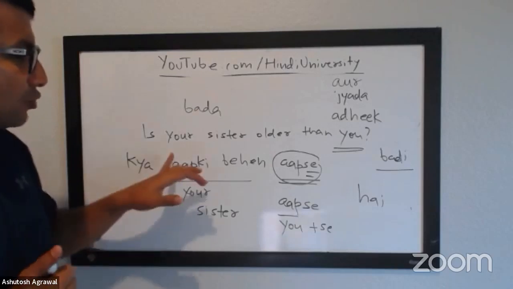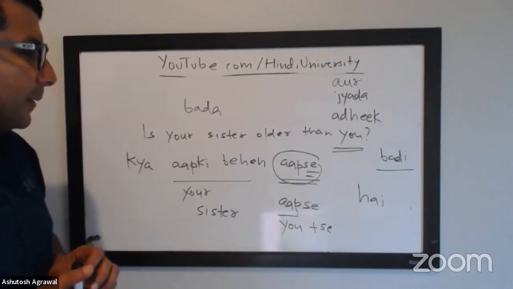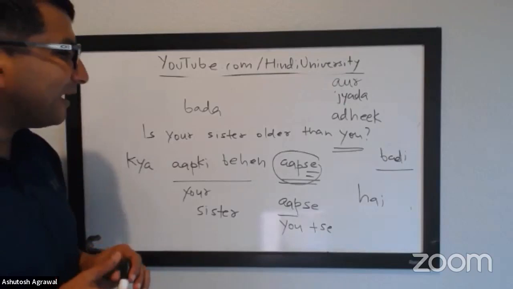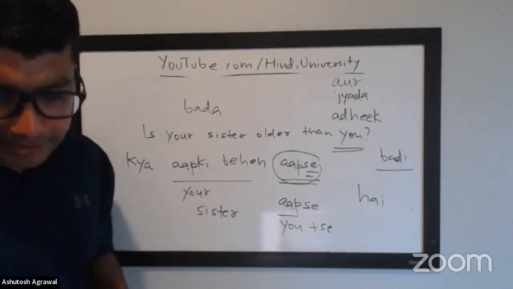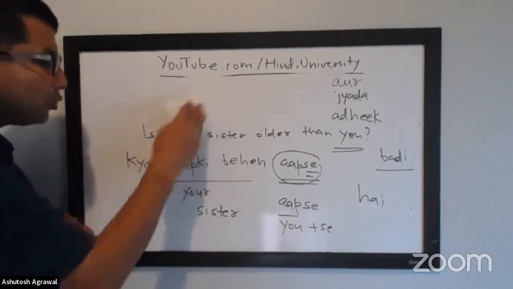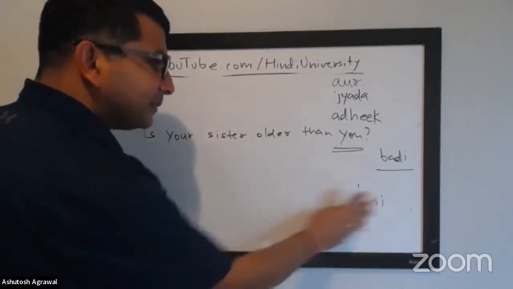Okay, let's try to do some more examples around this one. The thing is, if I were to just give you an open-ended sentence, it'll be hard, but I'll still give you an open-ended sentence. You can replace the sister with another family member.